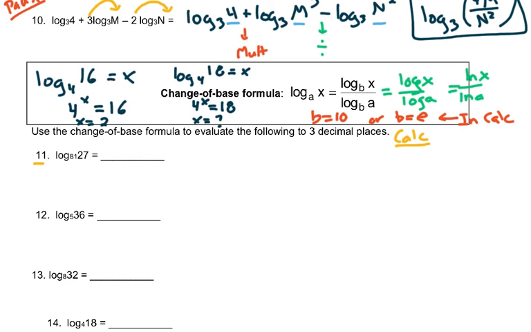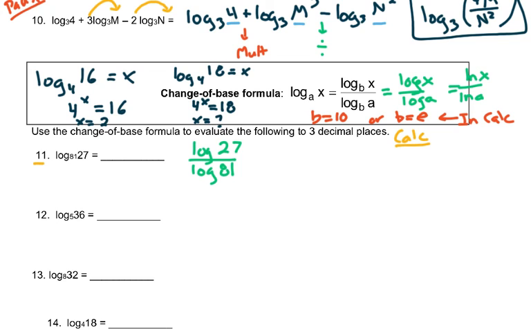So as I look at 11, log base 81 of 27. If I'm using the change of base formula, I could make this the log of 27 divided by the log of 81. The base number goes on bottom, kind of how we figure it. Base on bottom, B and B. And then we'd stick these in our calculator.